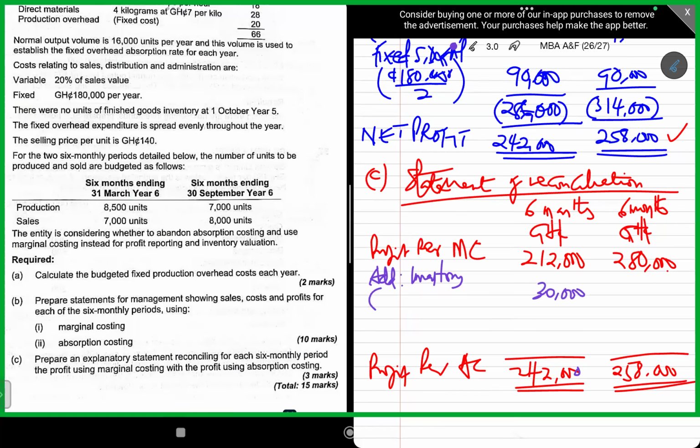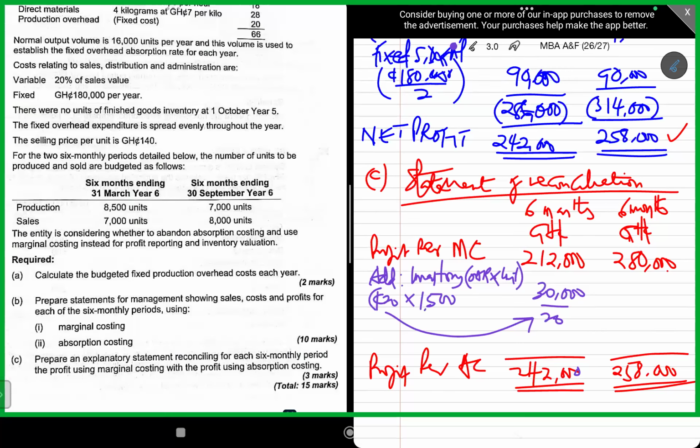To cost the inventory, what is the OAR? 20. So it is the OAR times the units to get the value. So it's 20 cedis multiplied by, now divide the 30,000 by 20. What do we have? 1,500.